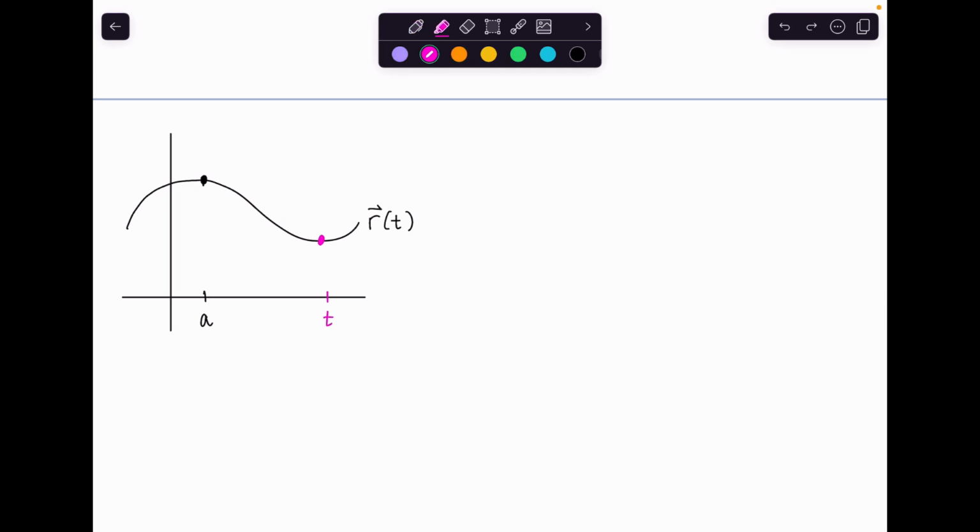What I can do then is integrate from this starting value A up to T, and it's going to tell me the arc length for any ending value T, okay?